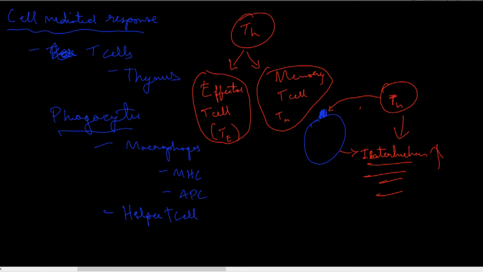Now, the T cell is also going to be using interleukin and cytokines. Interleukin and the cytokines will go and start the humoral response with B cells. It's going to be like, hey, B cell, do your work, man, or something like that.